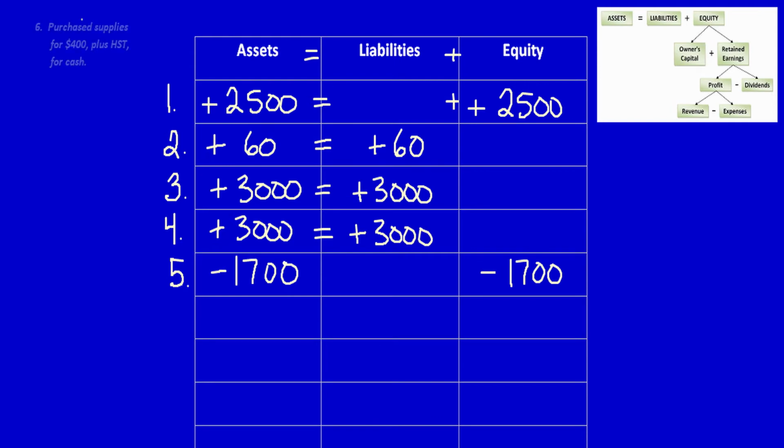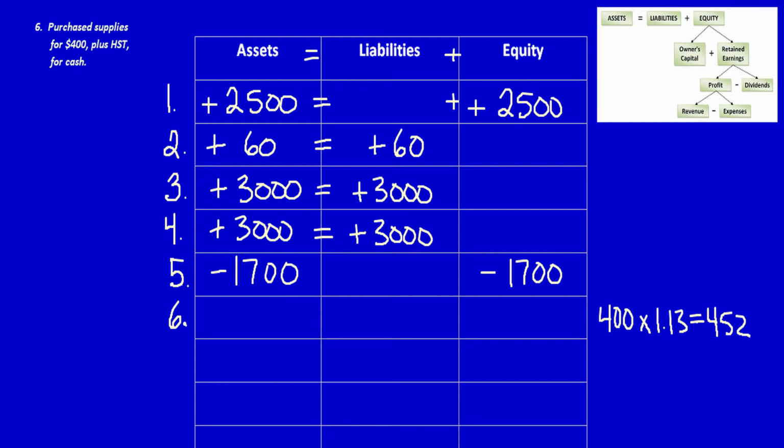Transaction 6. Purchased supplies for $400 plus HST for cash. What did the business get? They got supplies which they can use in the future to benefit the business. So assets are going to increase, but by how much? Right now, HST is 13%. $400 multiplied by 1.13 is equal to $452. So the business got supplies which will benefit them in the future.